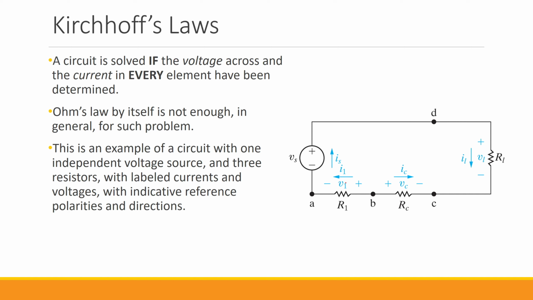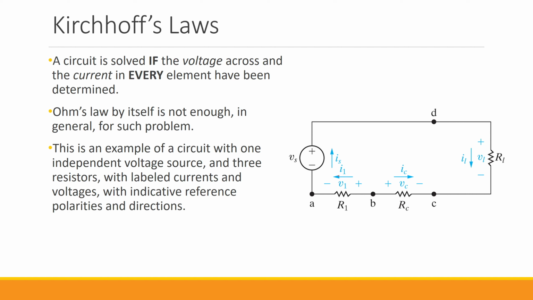We did this randomly. At this point you can decide on any voltage direction, voltage polarity, or current direction without any effect on the final result. For example, here I assume the positive polarity to be on the right side and the negative polarity on the left side.